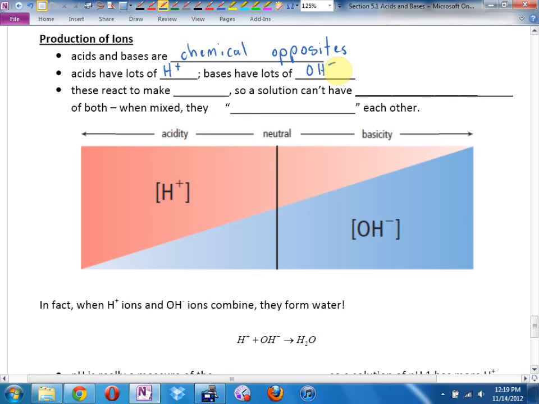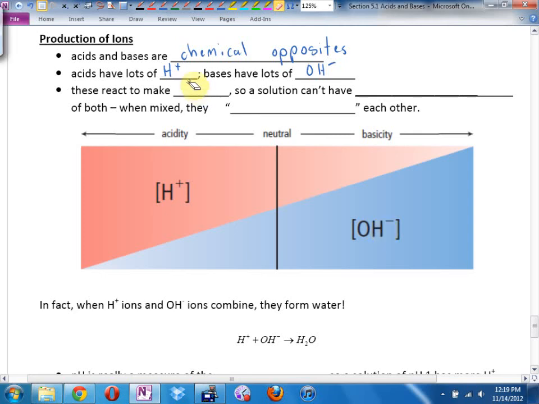What would you get if you combined them? In terms of the crisscross rule, I have one positive and one negative, so they crisscross quite nicely. You would get HOH, but we don't write it as HOH. Anybody see how we would write that? I heard it. Yeah, H2O. Acids and bases combine when they neutralize each other to give you water.